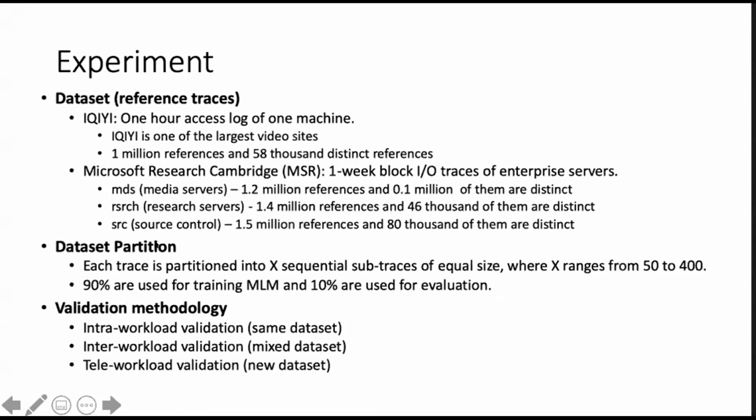In order to train the model, we partition the traces into different subtraces, and each trace is partitioned into X sequential subtraces of equal size, where X ranges from 50 to 400. For each trace, we use 90% of them to train the machine learning model, and the remaining 10% are used to evaluate the performance.